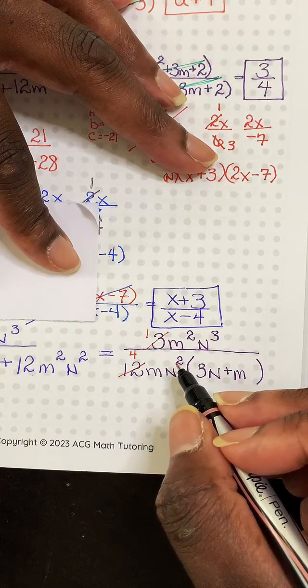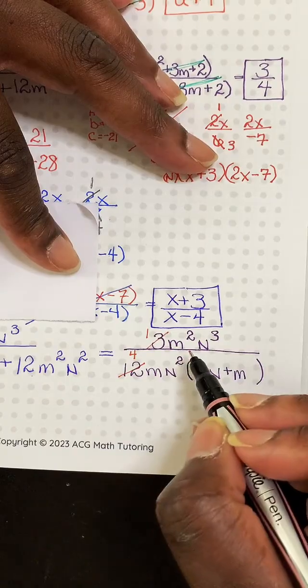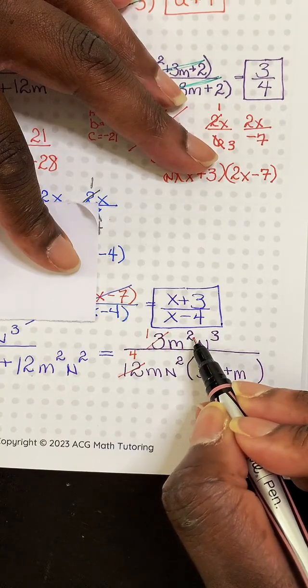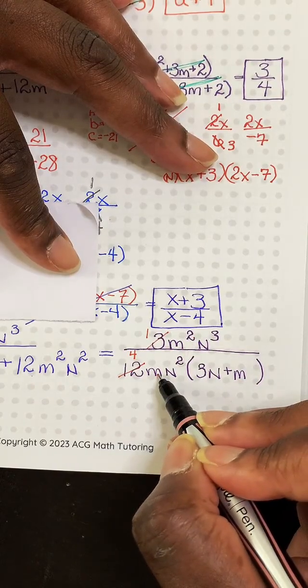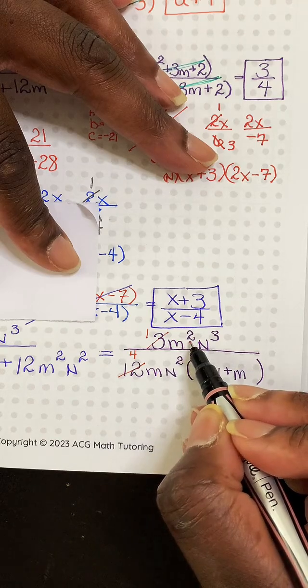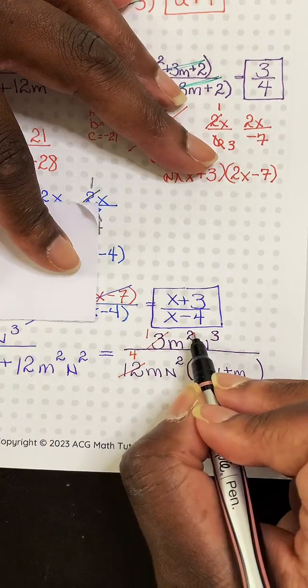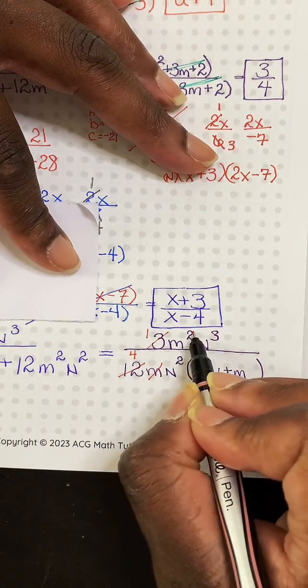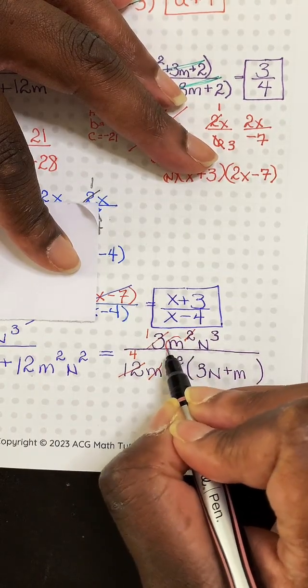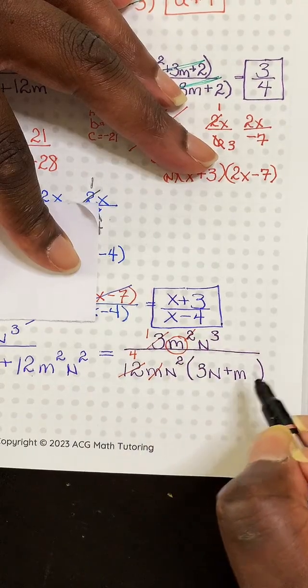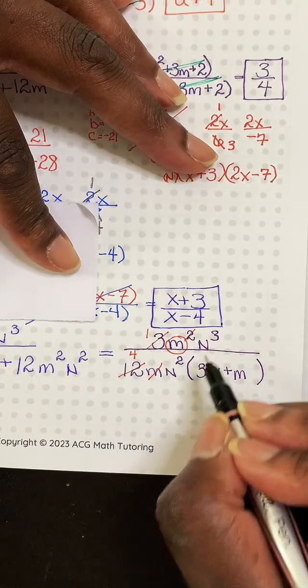Okay, good, Hexie. Okay, so now we have m squared divided by m. So if there's 2 m's there, we subtract 1 m, that means there's 1 m left. That's gone, but there's 1 m left. There's 3 n's.